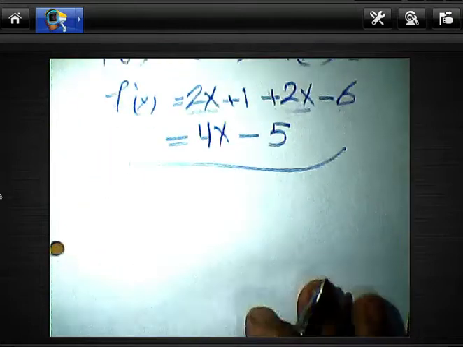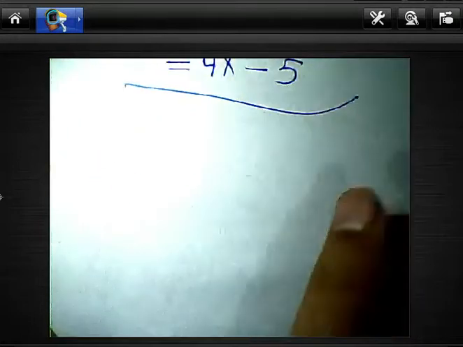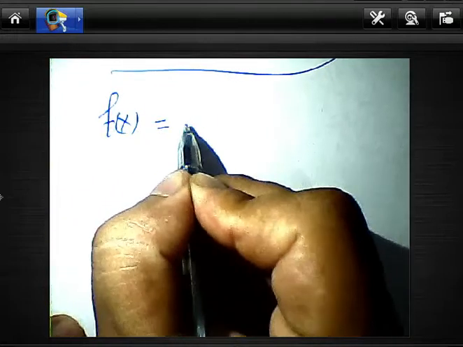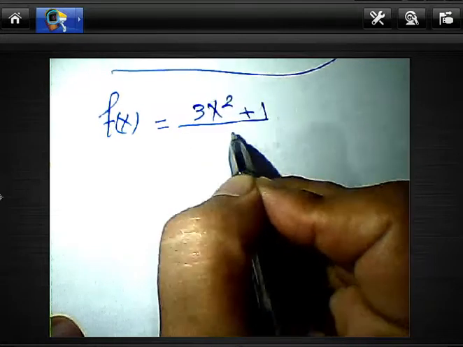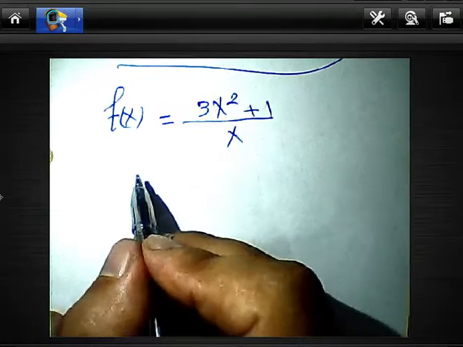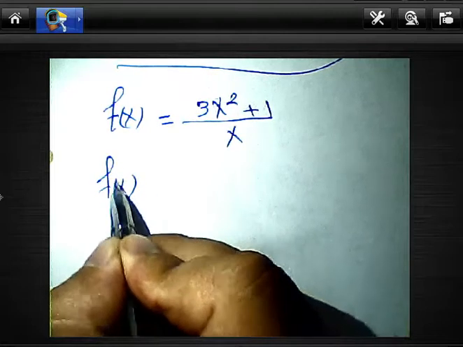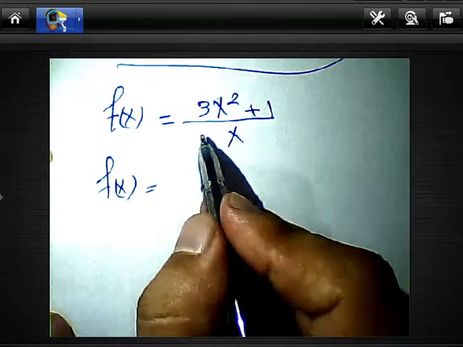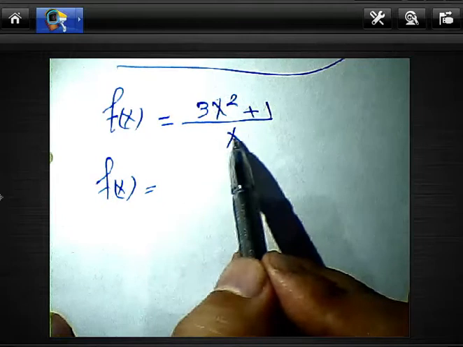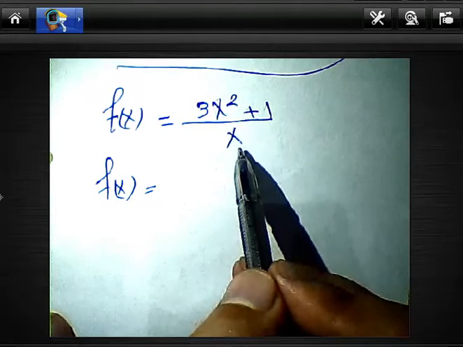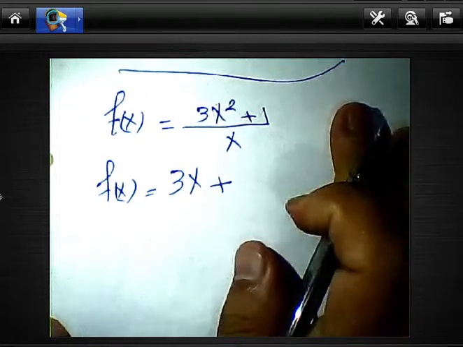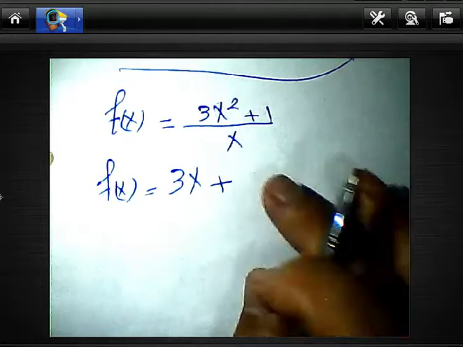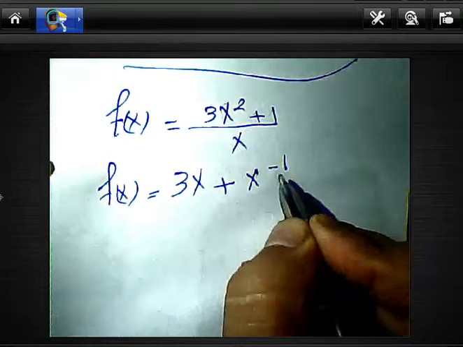Okay, another example. F of x equals 3x power 2 plus 1 over x. You can simplify it first. Divide this expression by this term: 3x power 2 over x equals 3x, plus 1 over x, which means x power negative 1.